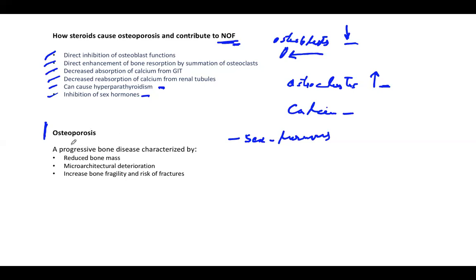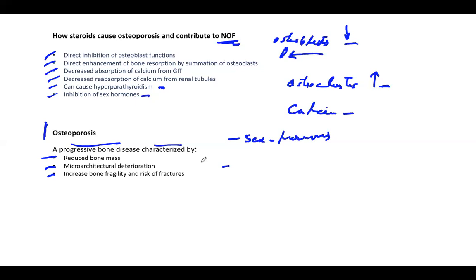It is a progressive bone disease, or a metabolic bone disease, characterized by reduced bone mass, microarchitecture deterioration, and increased bone fragility and risk of fractures. So it's basically reduced bone mass with increased risk of fractures. That's enough, but if you can add microarchitectural deterioration, then it completes the definition.